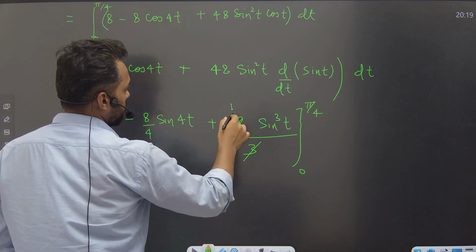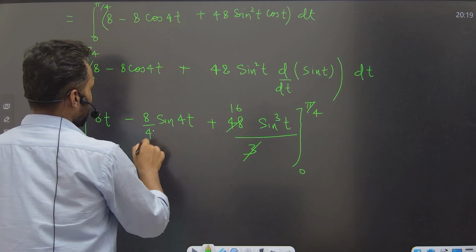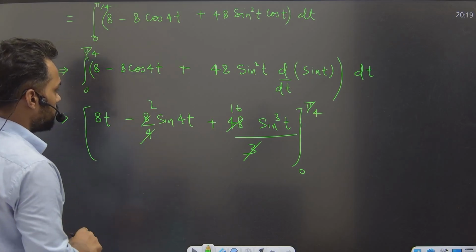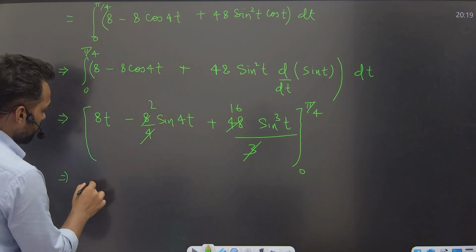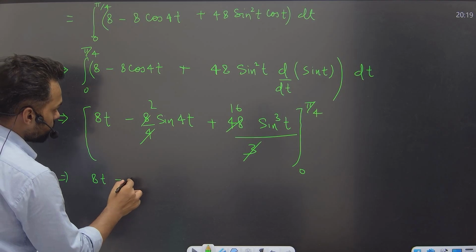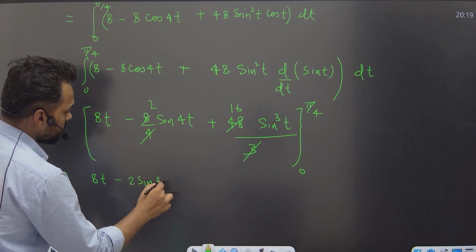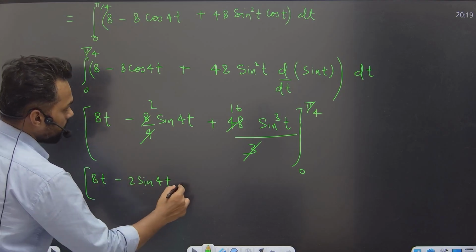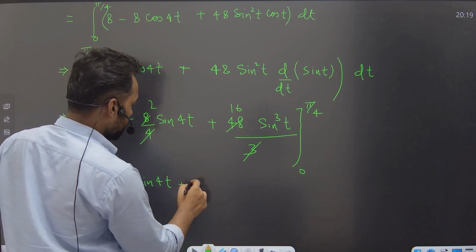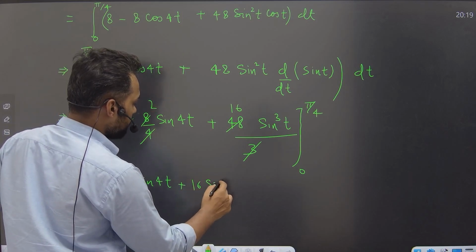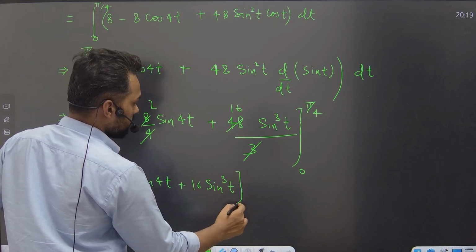Just cancel out the term here, you'll get 16, here you'll get 2. On simplifying it further, we'll get 8t negative of 2 sine of 4t plus of 16 times of sine cube t, 0 to pi by 4.